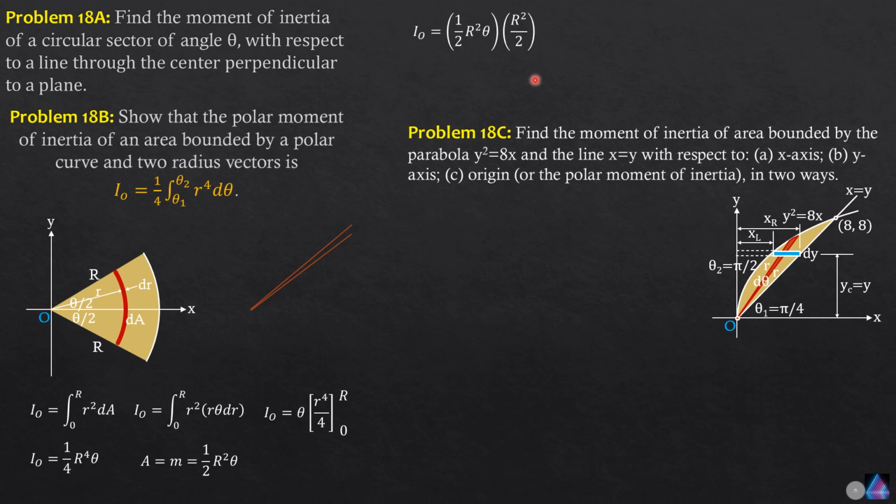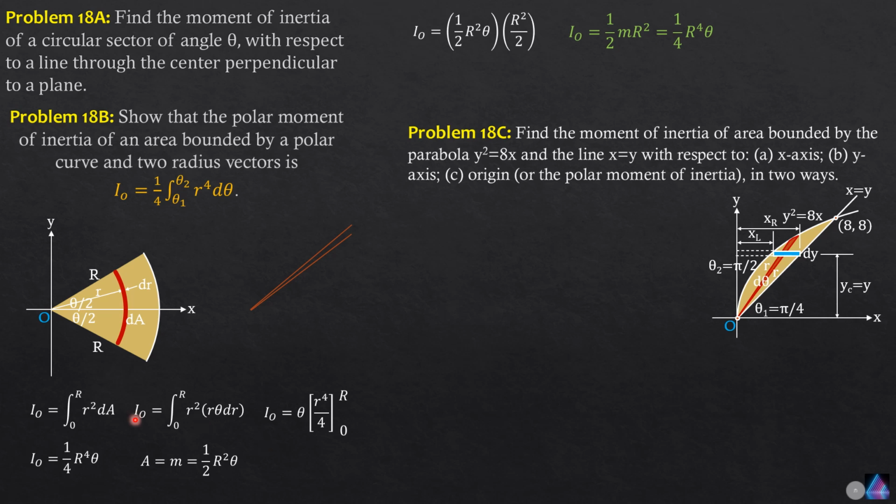So in general, I_O of this circular sector is 1/2 m R squared, or it is 1/4 R to the fourth theta. Remember that, where m is the area of the sector, which is 1/2 R squared times central angle theta.